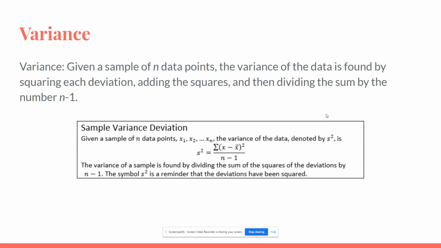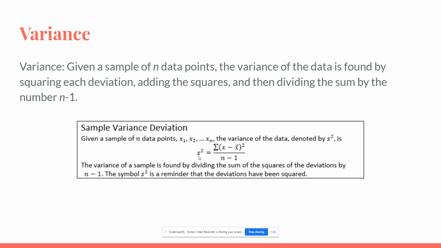Right? So variance. Given a sample of n data points, the variance of the data is found by squaring each deviation, adding the squares, and then dividing the sum by the number n minus 1. I know that sounds a little crazy.